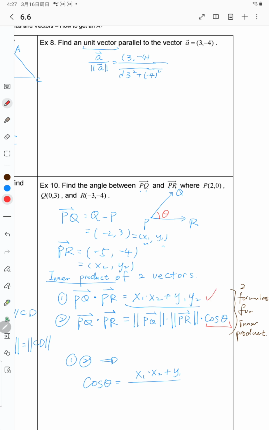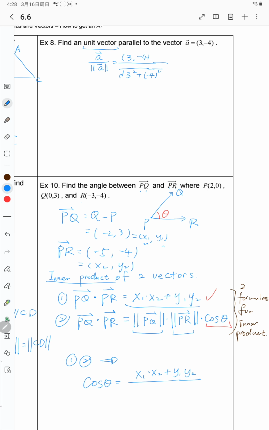So this formula is good. It's handy for us. We're happy about it because we know the coordinates, so we know the vectors. We know how to represent the vectors. We know the x1, x2, y1, y2, right? So this value we can compute, which is handy. And then the length of these two vectors is also handy, right?